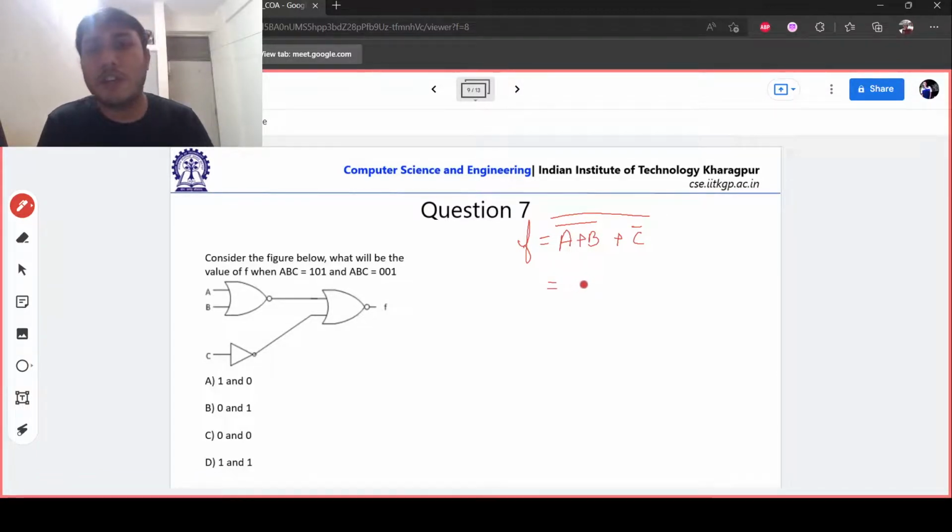So again we will apply De Morgan's law. So this will become A bar B bar plus C bar, whole bar.